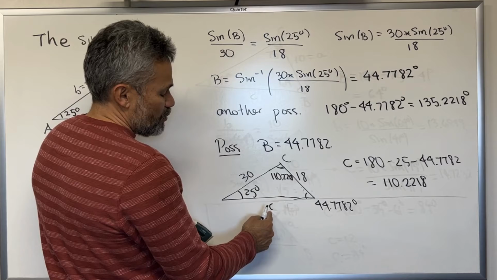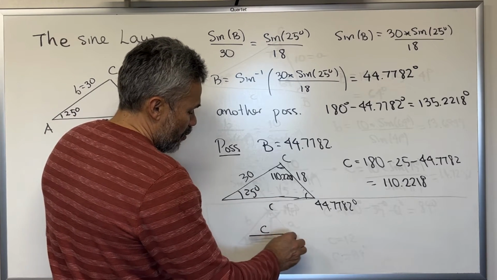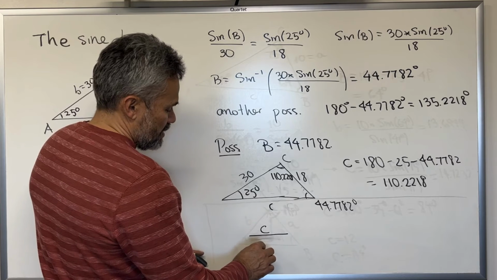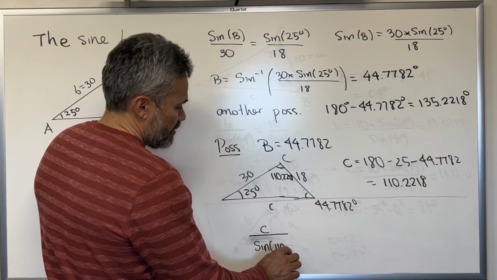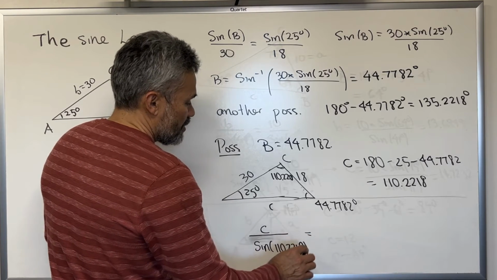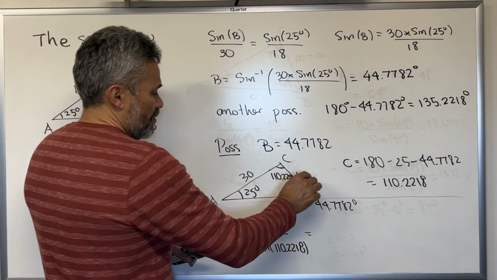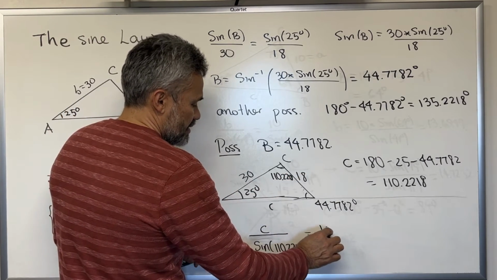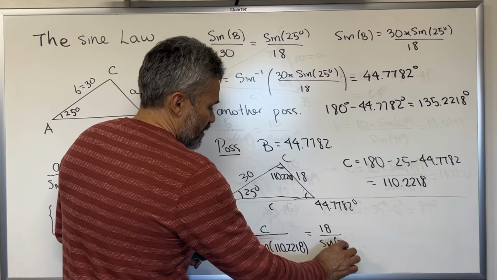Once we know this angle, we can compute C using the easy case of the sine law that says that C over sine of 110.2218 is equal to the pair that we know. We know A and lowercase a, then this is 18 over sine of 25.